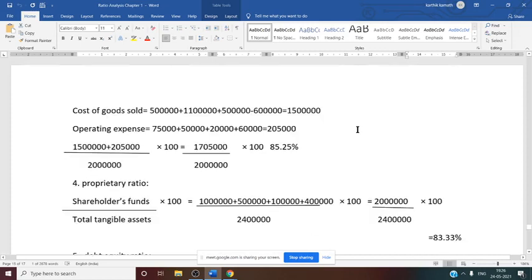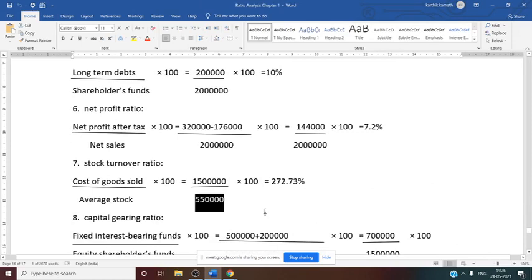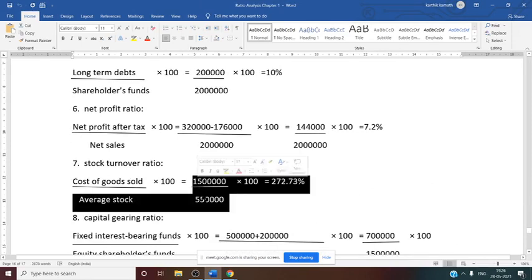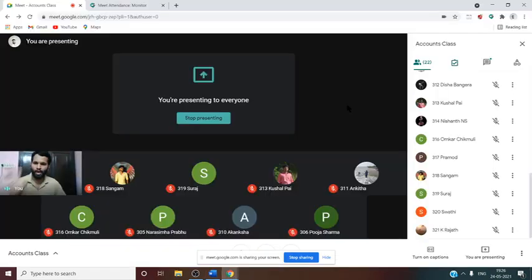See this now, average stock is 5,50,000. Now stock turnover ratio is 15 lakh divided by 5,50,000 into 100, that is 272.73%, or else you can say that is 2.72:1. So now we have calculated stock turnover ratio.